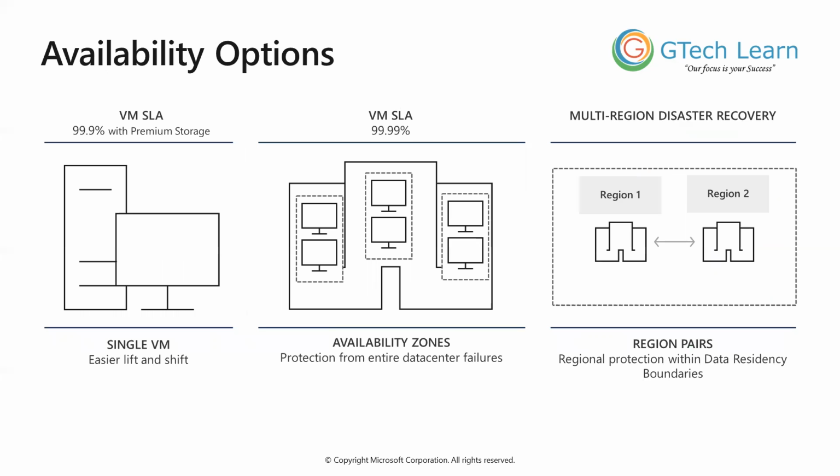This is telling us about the availability options, including the region pair, and how we are increasing the availability from 99.9% to 99.99%, because now we have used the feature of availability zones where we are replicating our resources to different region pairs, so that if one region pair is failing, the other one is continuously providing the service to its users.